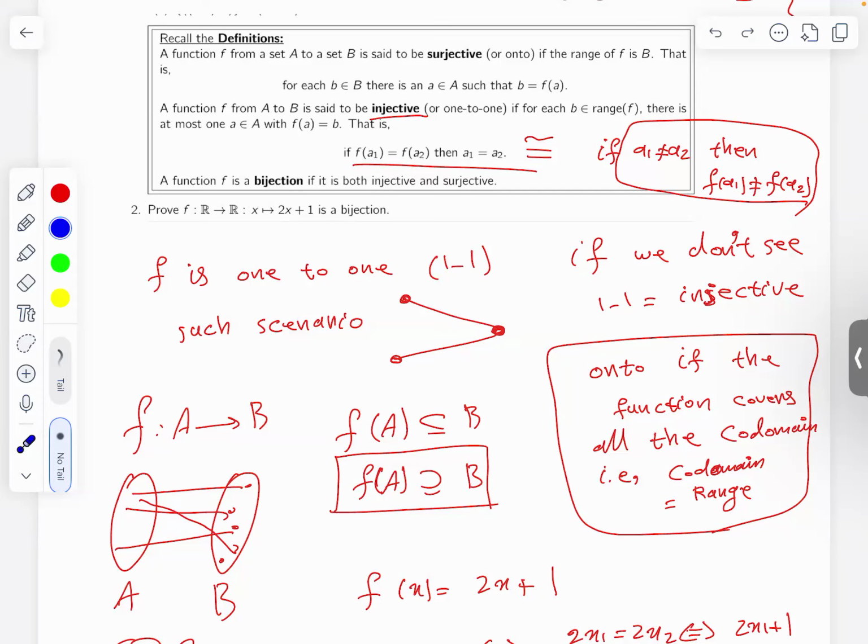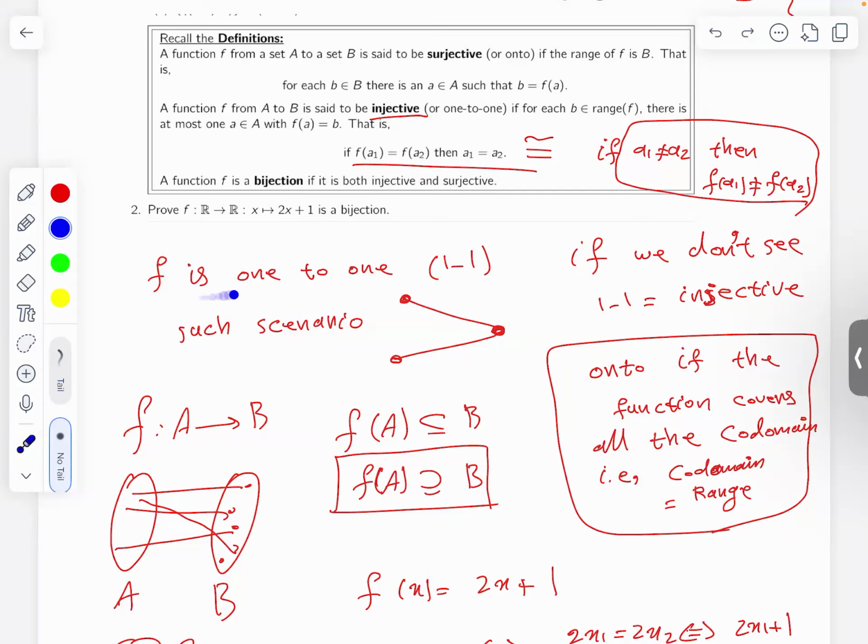To have a better view, you can look up the application of the one-to-one function in computing or computer science. You can see applications, algorithms, flow charts.